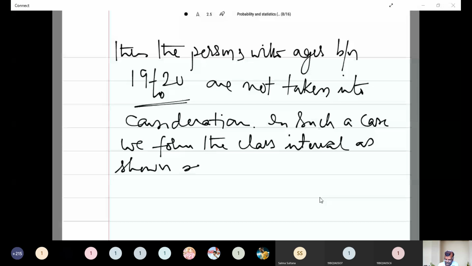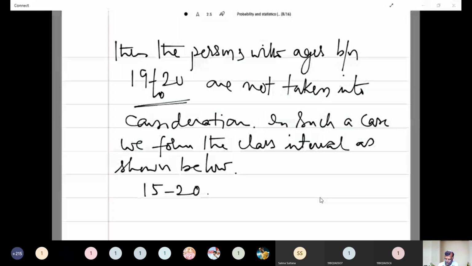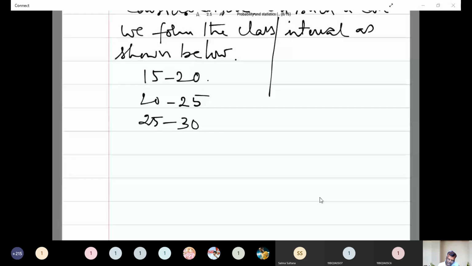That is, from 15 to 20, 20 to 25, 25 to 30, 30 to 35, and so on.